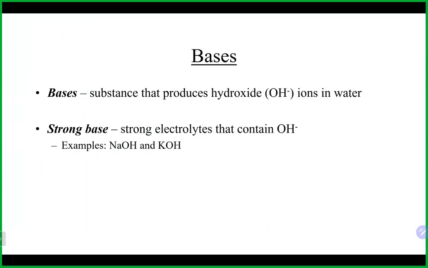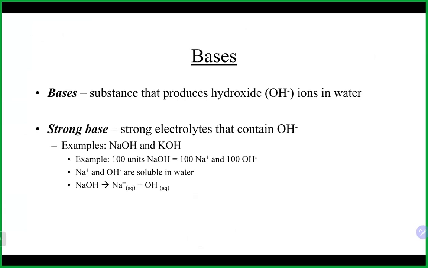Now, bases, on the other hand, are things that have the ability to produce hydroxide in solution. So just like our acids, if something is a strong base, that is basically what it's able to produce in the actual solution. Once again, it's free OH minus just floating around, not attached to anything, and that makes something a strong base.